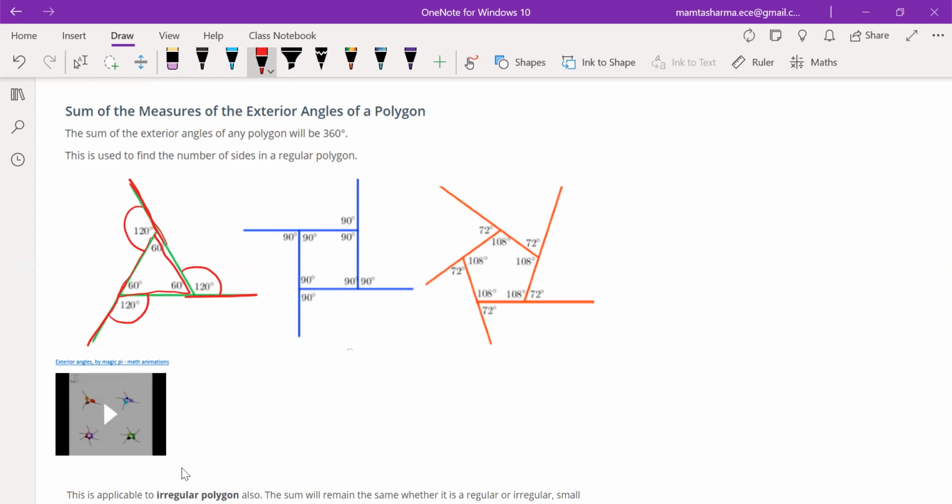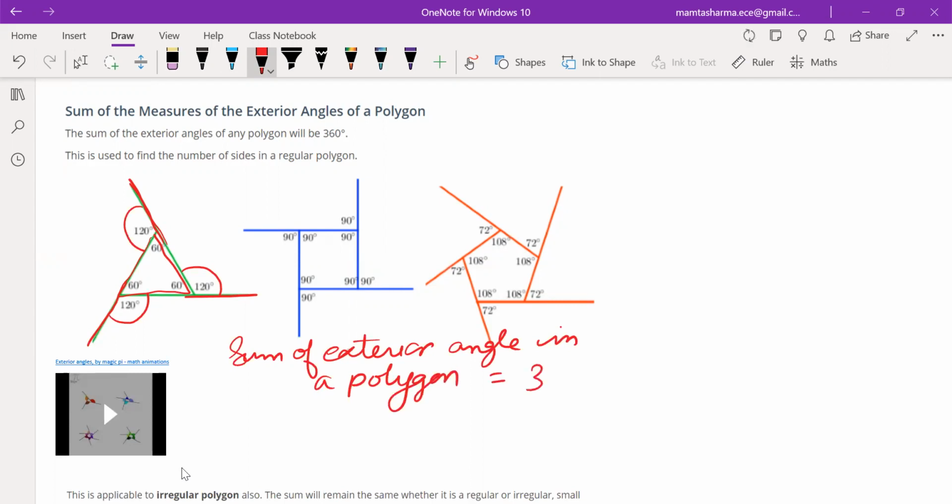The sum of all exterior angles will be constant in each and every polygon. You can verify it. The sum of exterior angles in a polygon will always be constant, and it will be 360 degrees. Take any polygon.